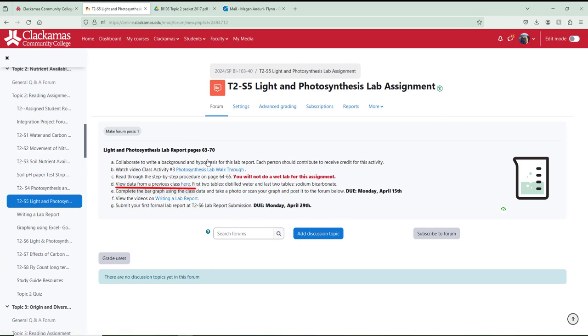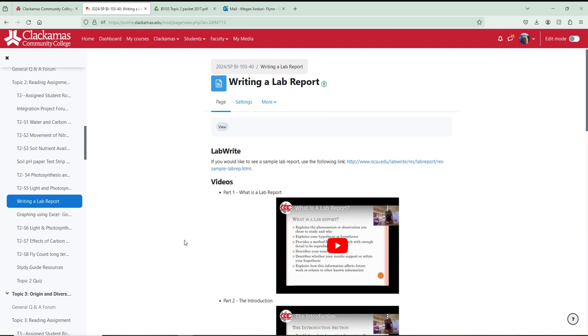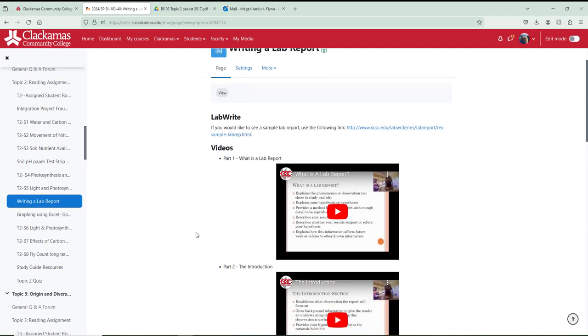We're going to use this information that we refresh our memory from, and the information that we collected along the way from our discussion posts, to write this lab. For reference, we also have a writing a lab report section for you. This was put together by Dr. Blackwell, our department chair.